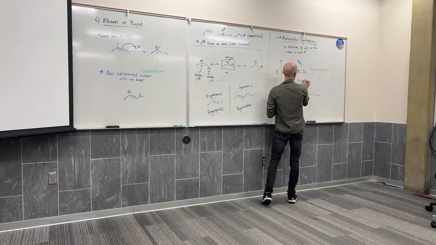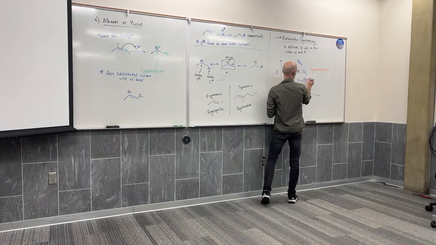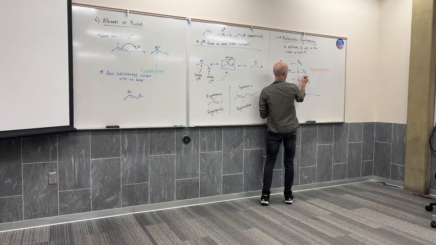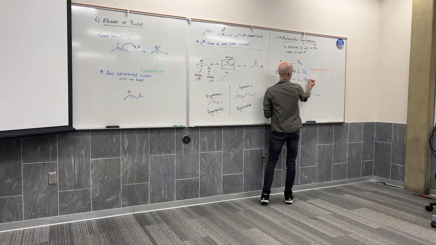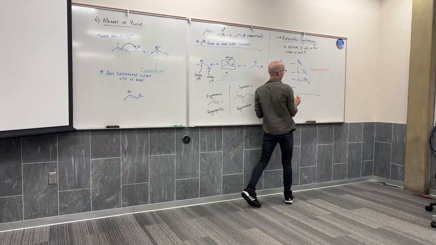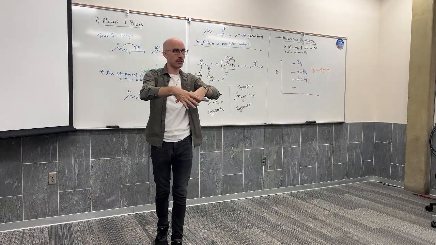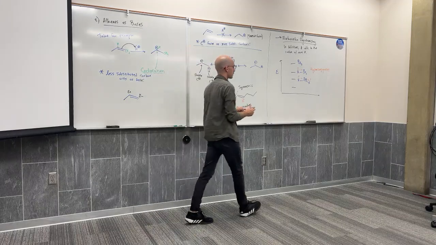If I take this to a secondary carbocation, I can now have hyperconjugation from both of those neighboring groups. That protects that positive charge even more. That makes that positive charge even more stable.